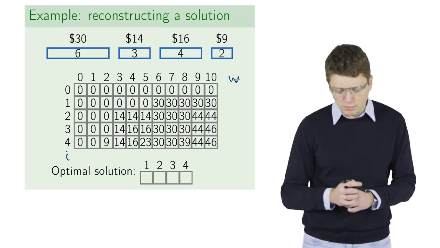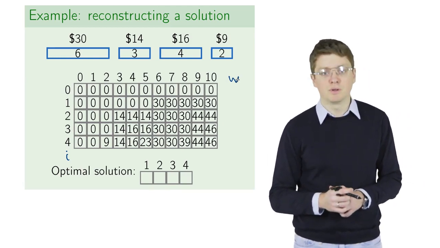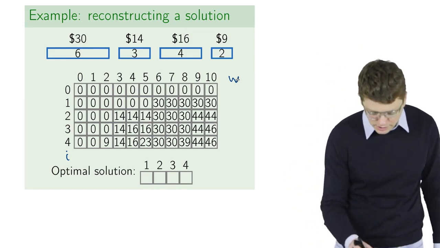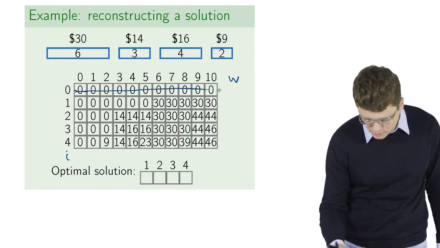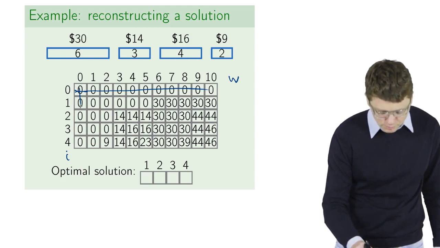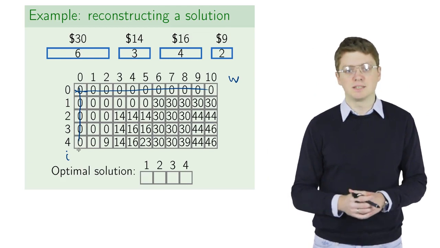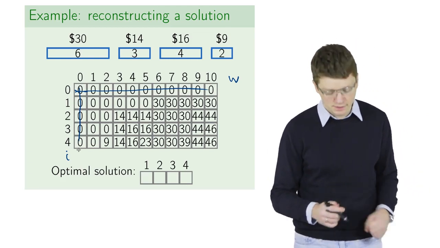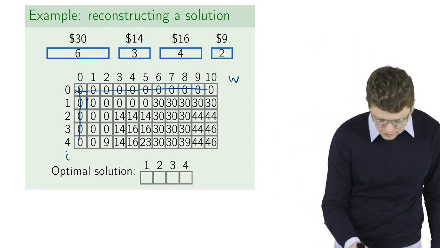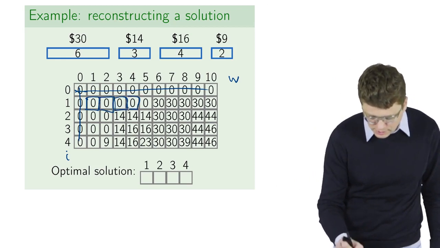Right? We start by initializing the first row and the first column of this table by zeros. That is, we fill this row by zeros, and we fill this column by zeros also. Then we start filling in this table row by row. That is, we first fill in this cell, then this cell, then this cell, and so on.